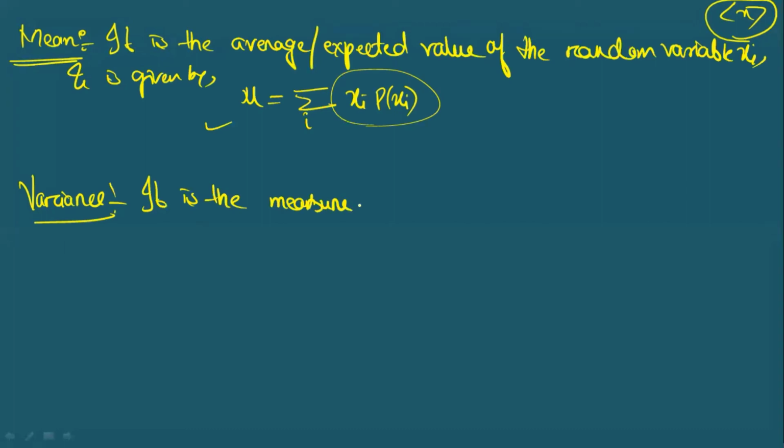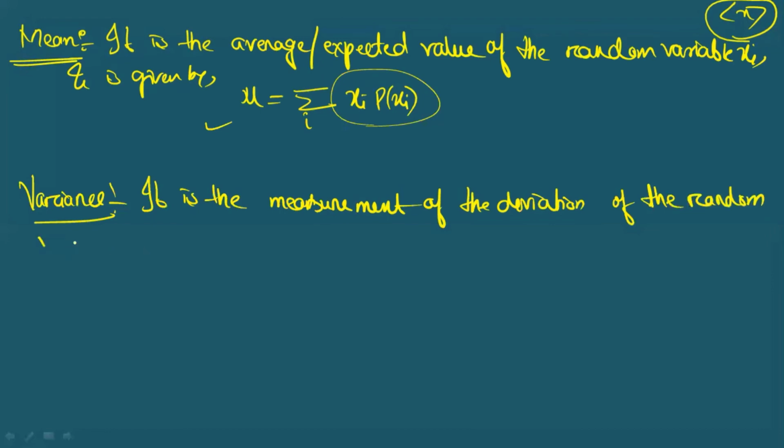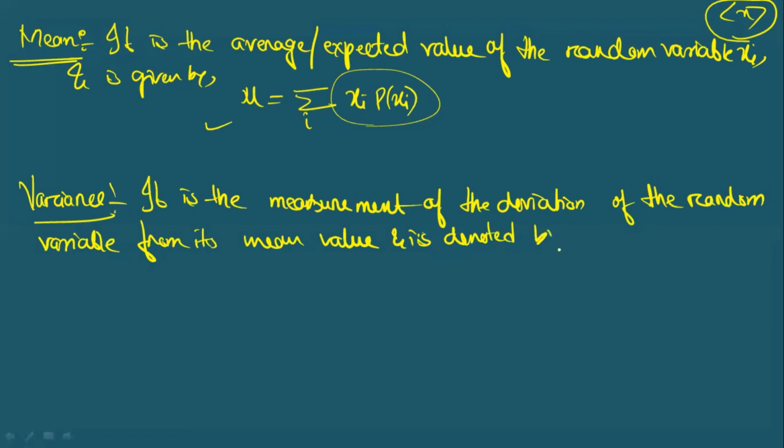It is the measurement of the deviation of the random variable from its mean value, and is denoted by sigma square.